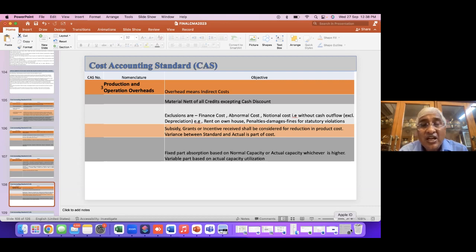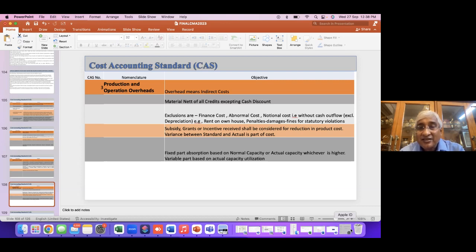So exclusions in the overhead are finance cost and abnormal cost. Since an abnormal item is not a regular phenomenon, abnormal costs are always excluded. Basically, abnormal costs are charged to the P&L account, so that is why they are excluded from costing purposes.